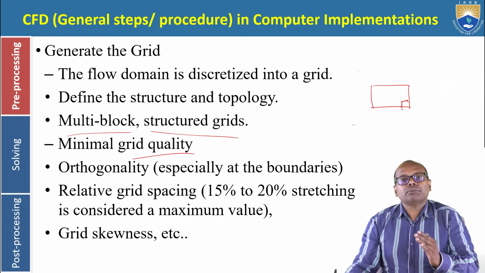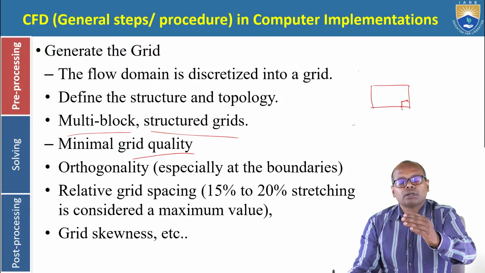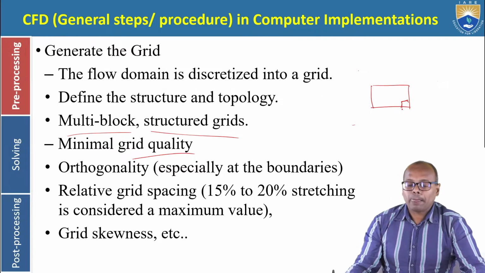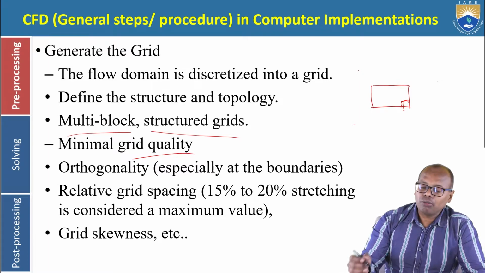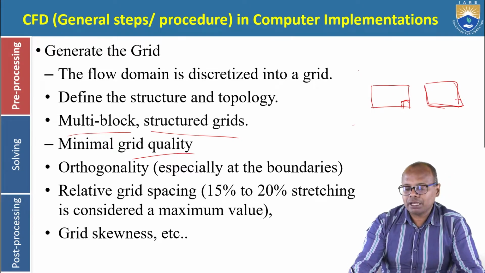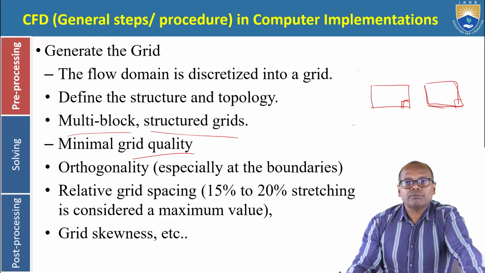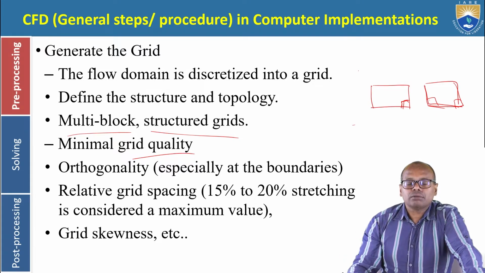So there are some leniencies, some acceptable values of this orthogonality. How much angle is accepted? Say suppose this is the grid, instead of a rectangle it is a parallelogram, and what can be the maximum value of this or this? So this is the orthogonality. The orthogonality must be there to the acceptable limits.